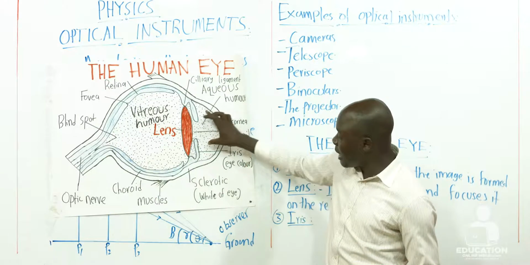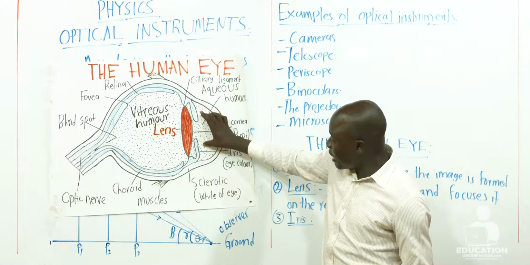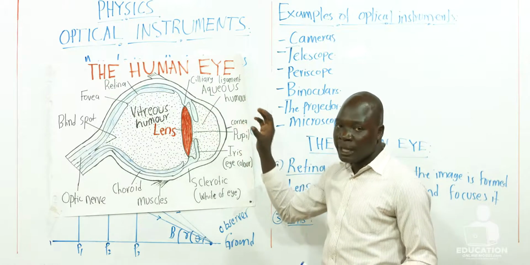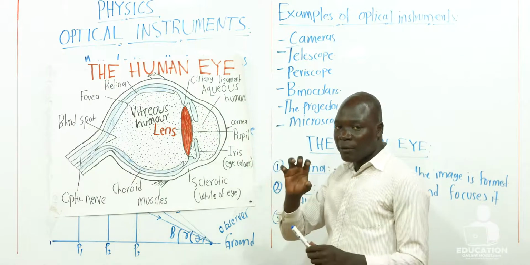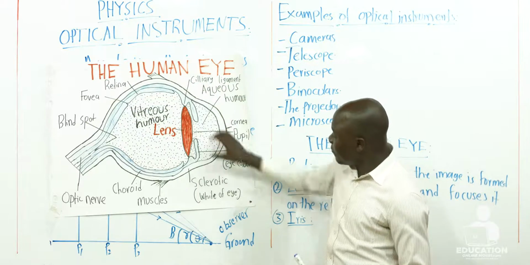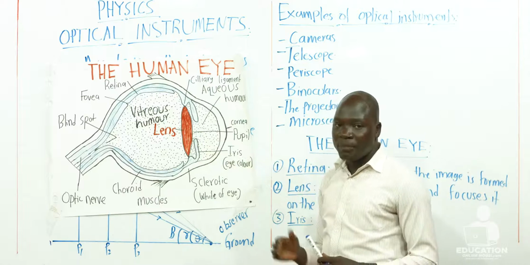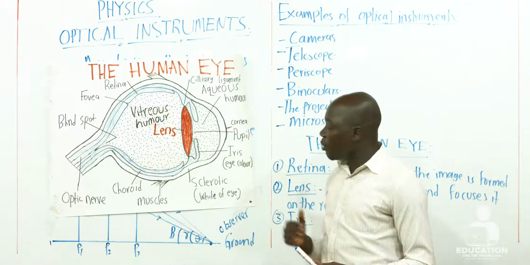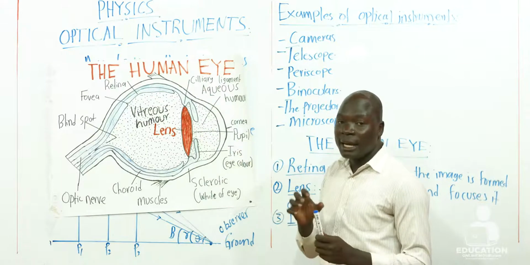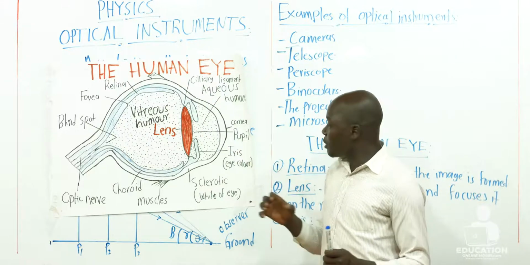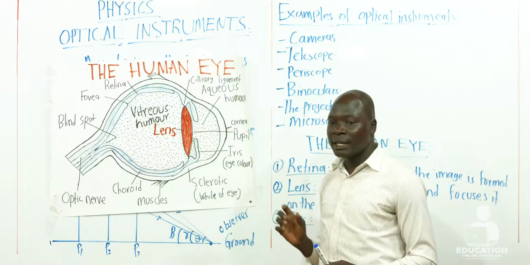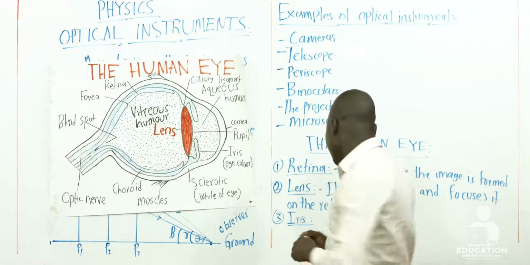If the light entering the human eye has high intensity, the iris will close a bit, so that the amount of light entering the human eye will be controlled. If the light entering the eye is minimal or of low intensity, then the iris opens. So the function of the iris is to control the amount of light entering the human eye.